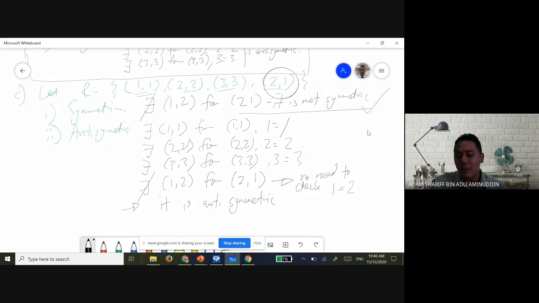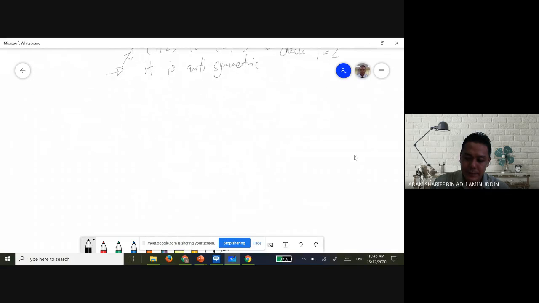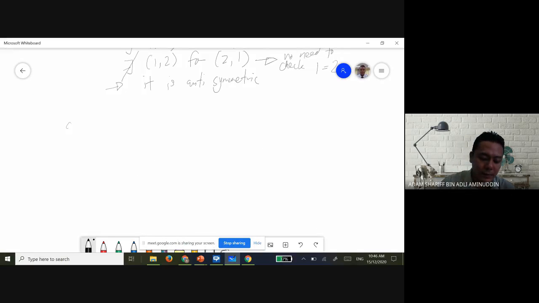Alright, let's move forward to a case of a defined relation. Selalunya soalan saya campur lah undefined dengan defined. Case defined macam ni. Alright. Okay.